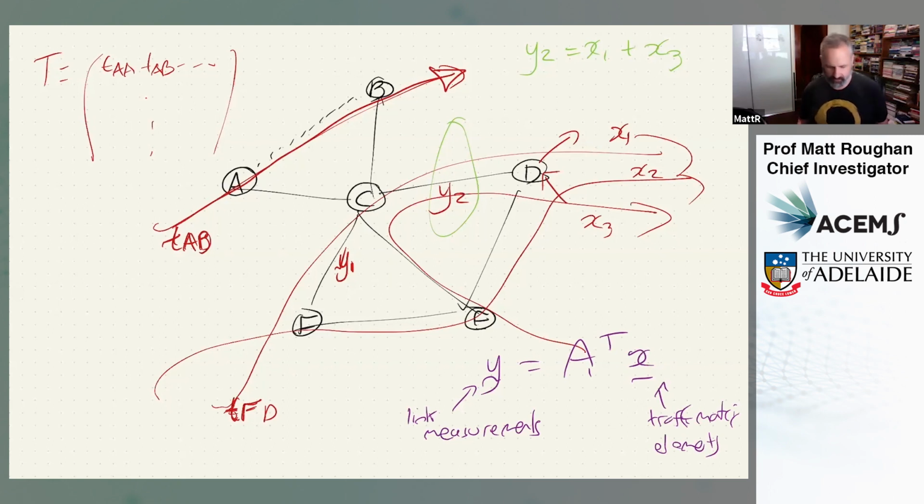I can extend this over time, so I think of this as Y1 or Yi, and this is Xi, and then I could write big Y equals A transpose X, and I could look at this as a spatiotemporal problem as well, and that's really interesting. But let's stay away from that one because it's a little bit scary and just focus on this simple problem.